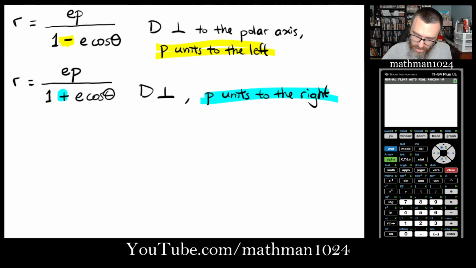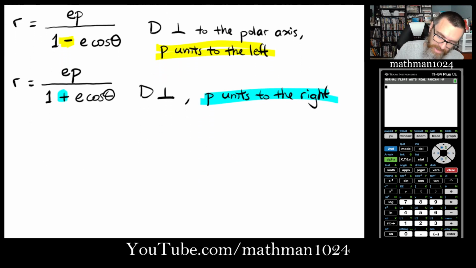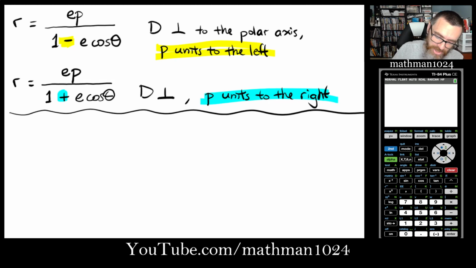And then we have two other forms. Again, it's not going to be that much different from what you see here. It's going to be in terms of sine now. And really the difference between cosine and sine will be how the directrix is oriented with respect to the polar axis.